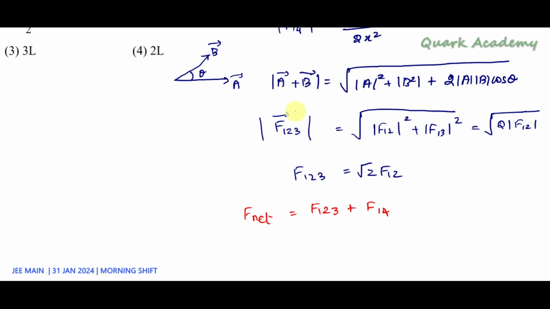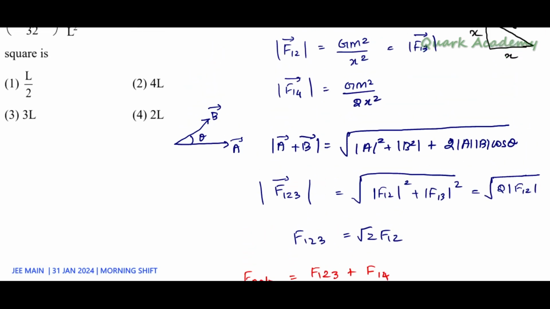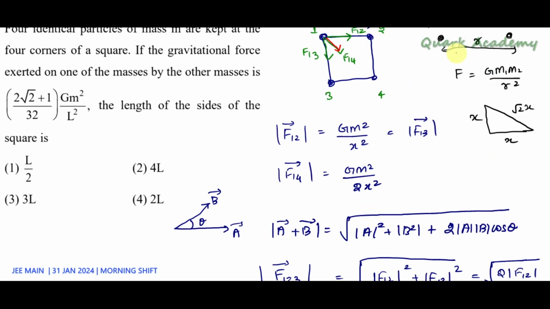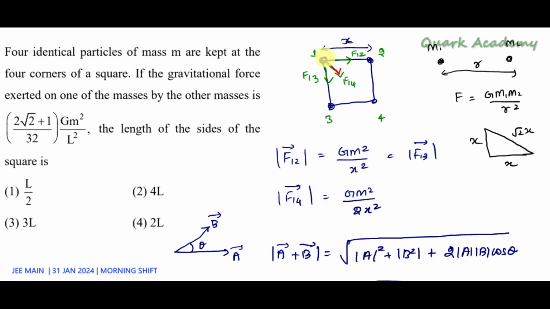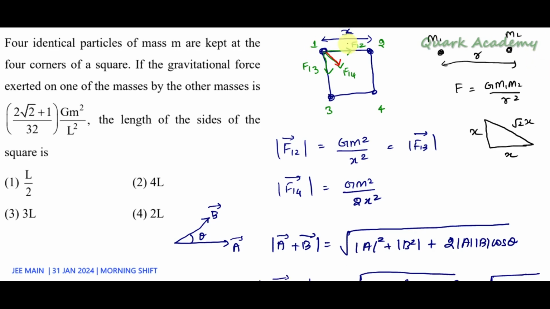Don't get confused that somewhere I'm using this arrow mark and somewhere I'm not. Here I'm trying to deal with magnitudes only, so that's why I'm not showing much interest in this sign. Now we'll just add both the magnitudes since the direction is the same.